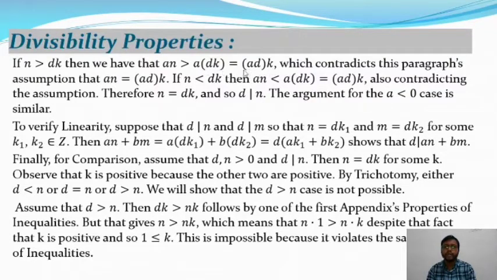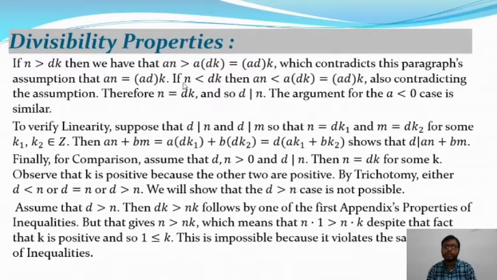A into dk is equal to ad into k, where ad is in brackets, which contradicts the assumption that an is equal to ad into k. This is given, but when we take n greater than dk, then we get an greater than ad into k, so this is not possible.